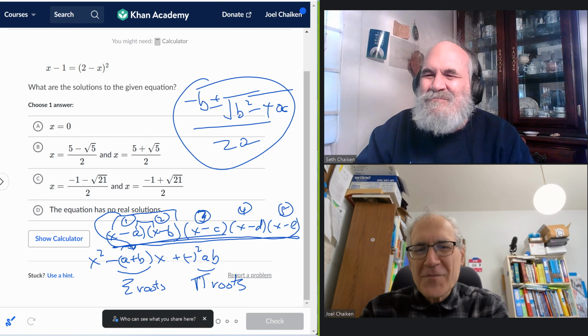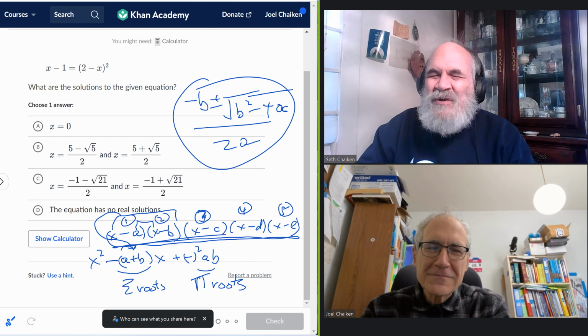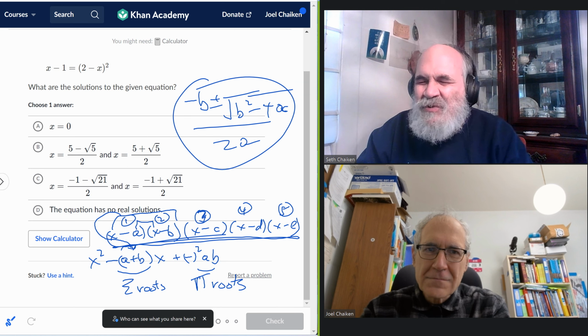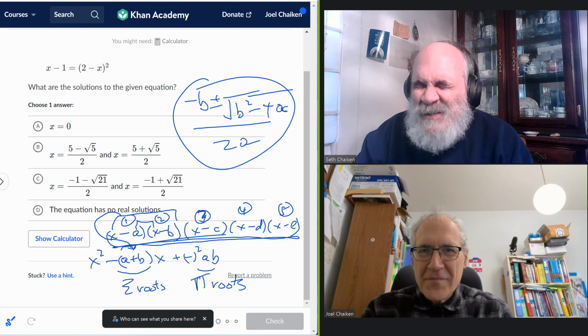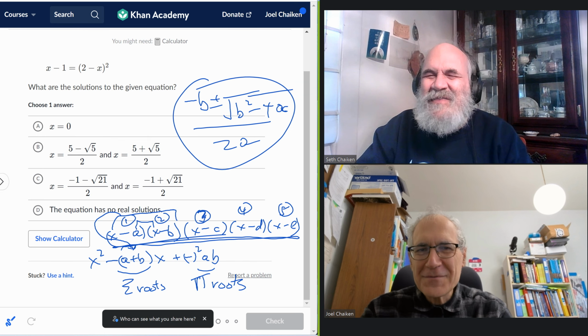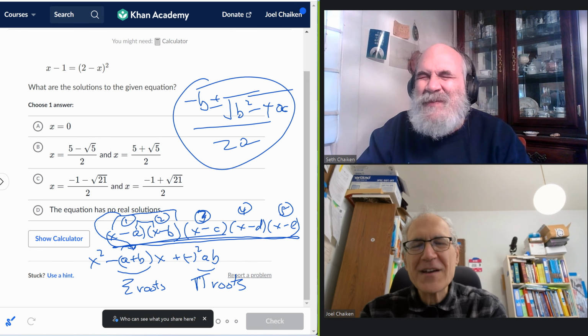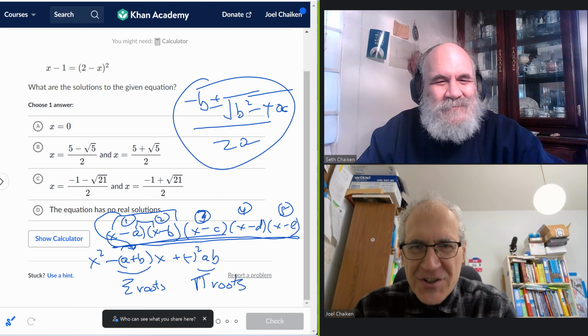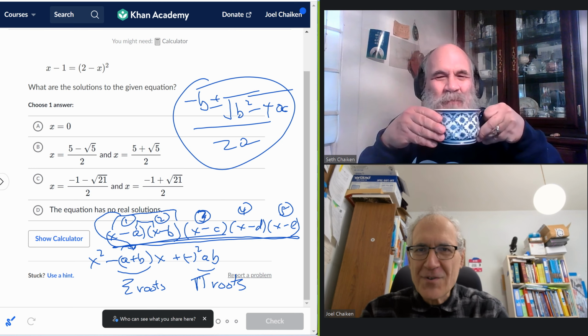The formulas for degree 3 and 4 are really ugly, and there's no formula for degree 5 or greater. They're so ugly that they're not practical to use now. Everybody has graphing calculators, so you could figure out the roots of a polynomial quite efficiently by just graphing it and seeing where it crosses 0.